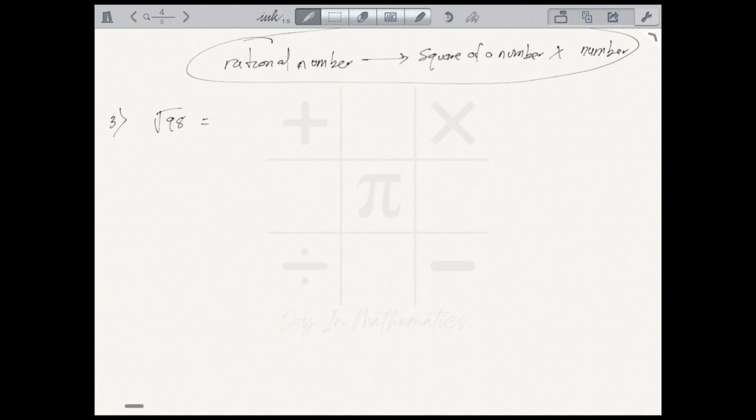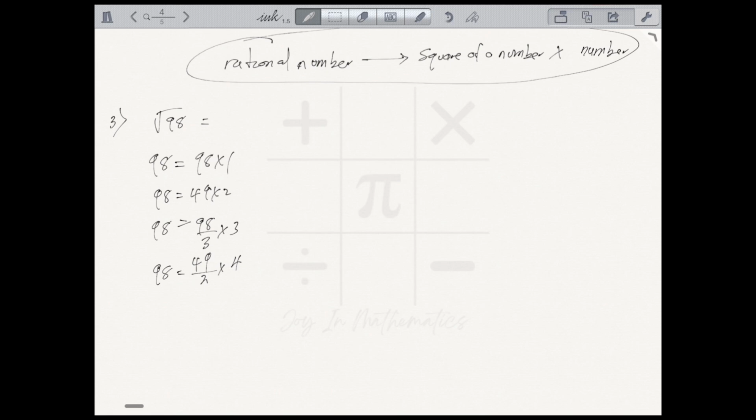When we have root 98, we write the forms in which 98 can be written out. 98 is equal to 98 times 1. 98 is also 49 times 2. 98 in terms of 3 is 98 over 3 times 3. And in terms of 4 it is 49 over 2 times 4.